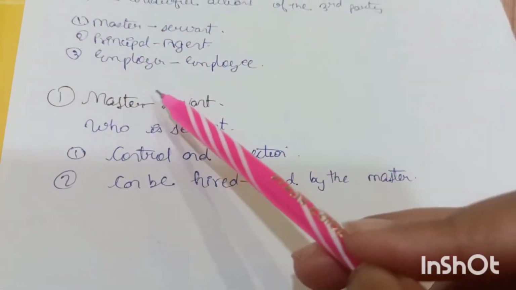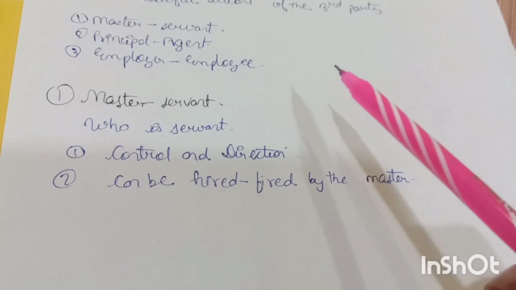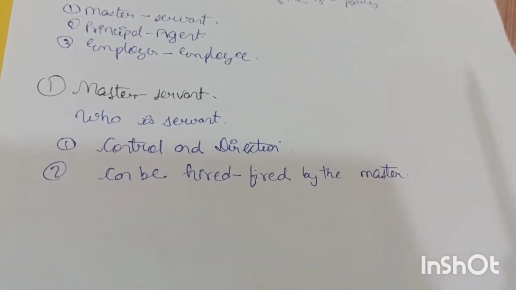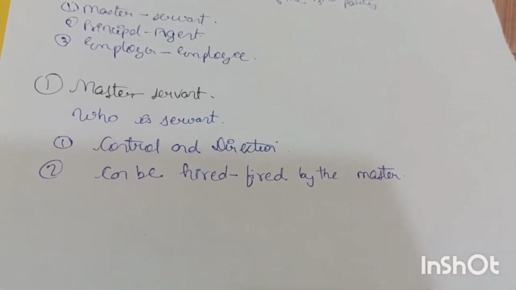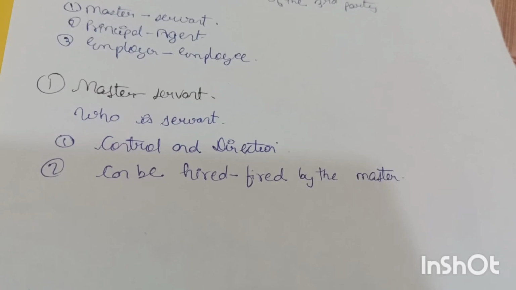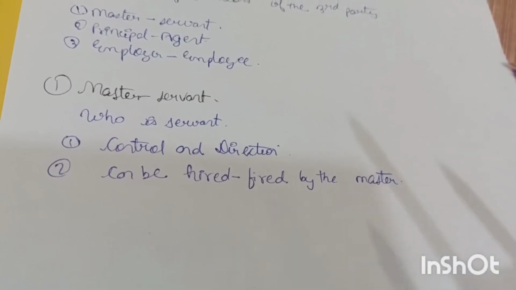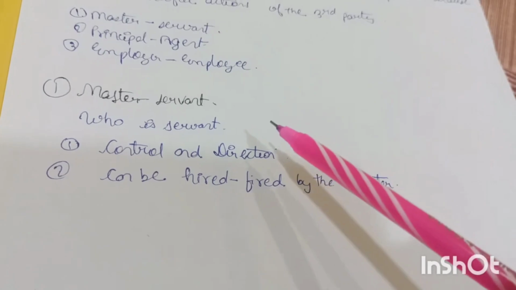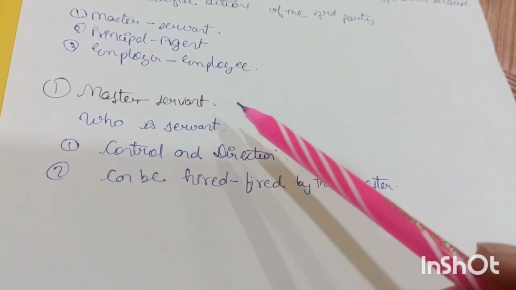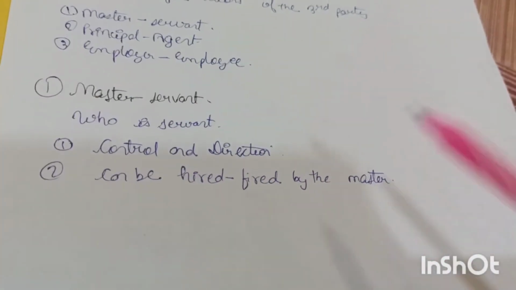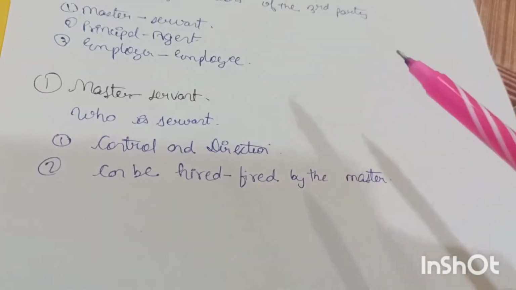Let's understand the situation through an example. There is a delivery boy who goes for delivering packages. During the course of employment, he causes an accident. In this case the master will be liable because the servant caused some unlawful activity.